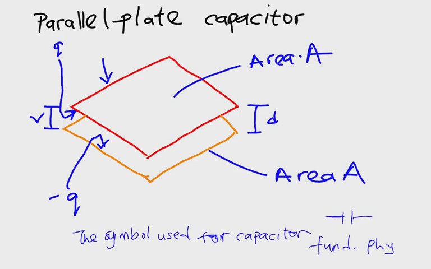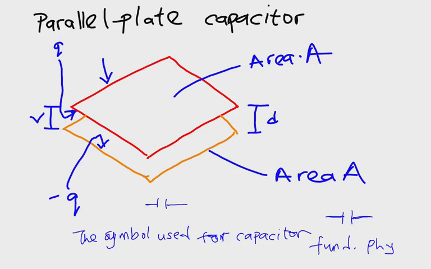So that's the symbol. Just draw it like this, it will not cross. So when you see a symbol like this, that relates to a capacitor. So this is the parallel plate capacitor.